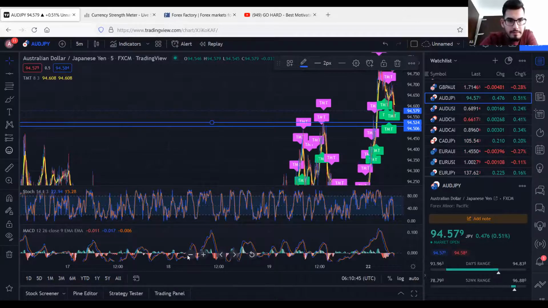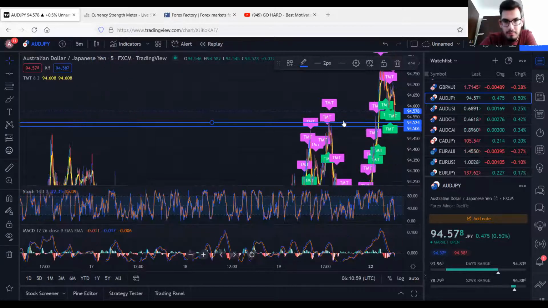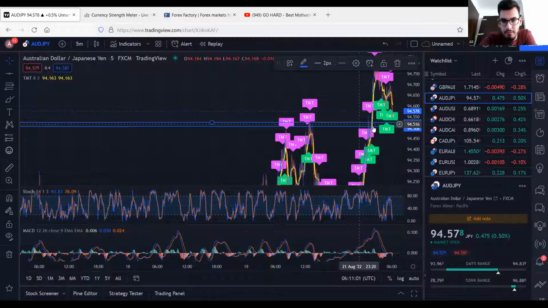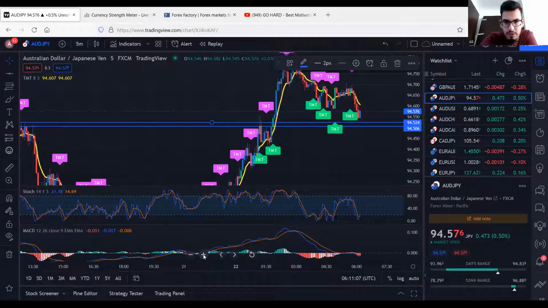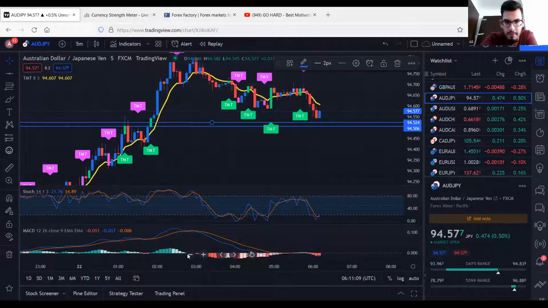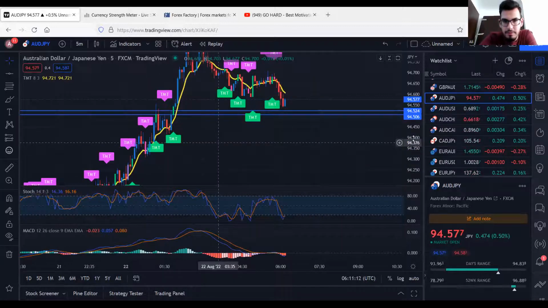I'll show you why. The market here had a couple of roofs. It had a floor here, roof again. Then the market had another roof and another roof. The thing is, here it didn't have a good amount of floors. That's the only cheeky part about it. But other than that, it's a decent support resistance.